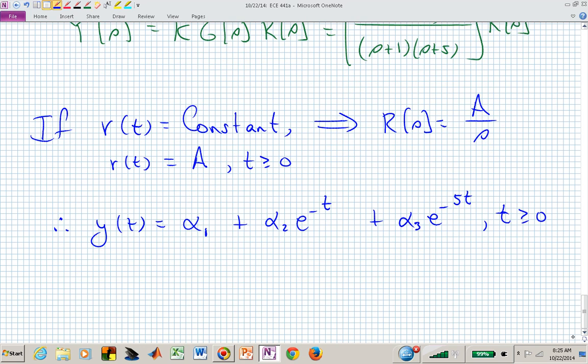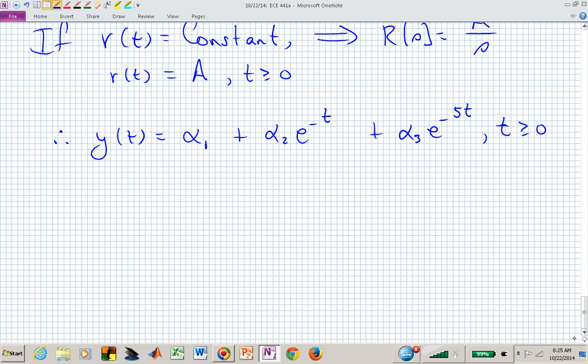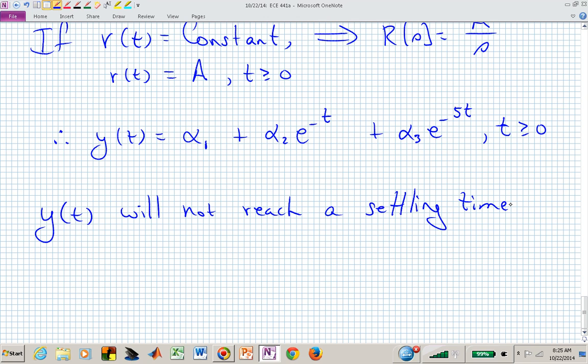But you can hopefully see that y of t is not going to satisfy, in the open loop setting, our settling time specification. Y of t will not reach a settling time in 1 second.